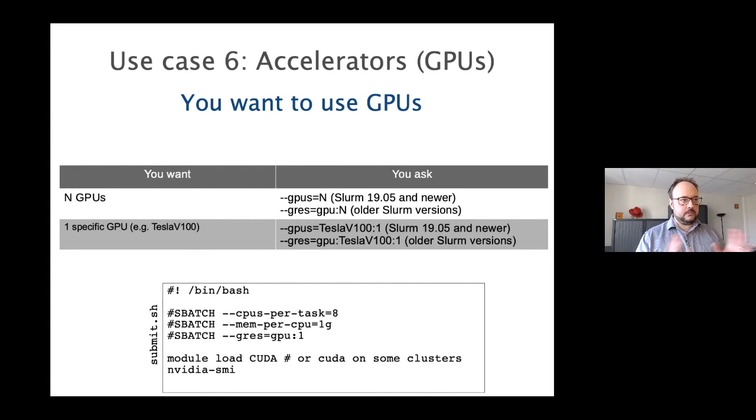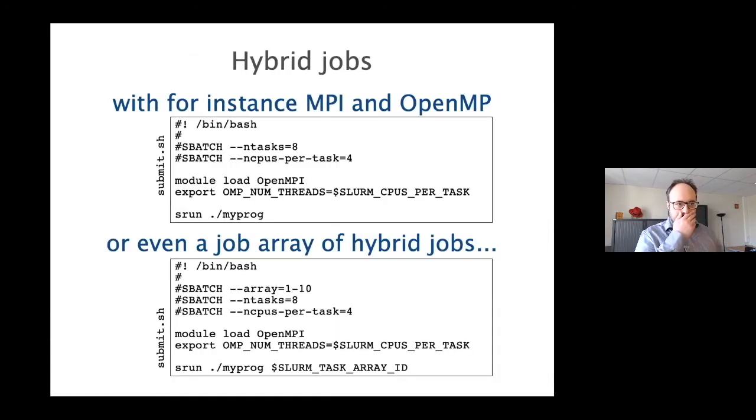Okay, I've seen 6 use cases, and actually you can mix them. So you can have hybrid jobs, for instance, MPI and OpenMP. If you need to run a job which is both MPI aware and OpenMP aware, you simply need to collect all the parameters specific to each type.